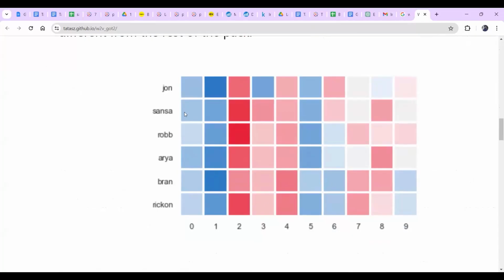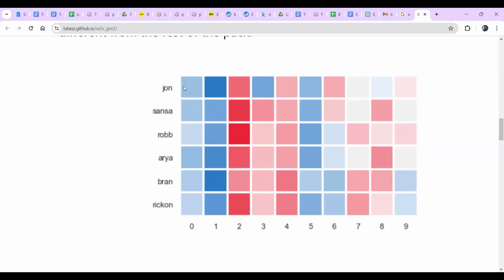Based on the score, if two words have a very high score, like 0.9, the heat map will show a darker color for them. So using a heat map, you can identify which words are probably similar to each other.